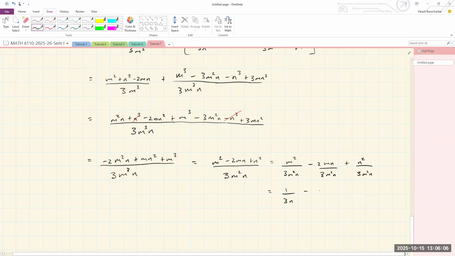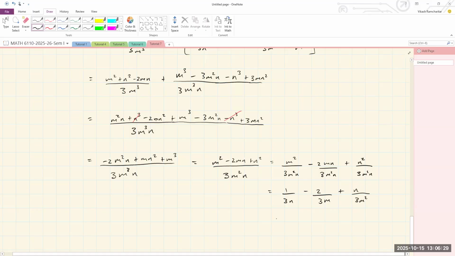The second term is 2 over 3m. This third term is n over 3m squared. Yeah, it's easier to see here.